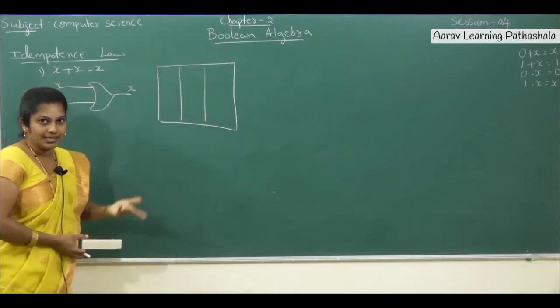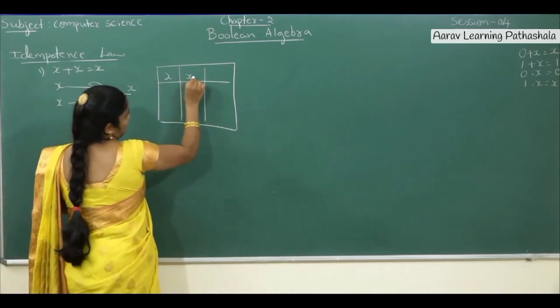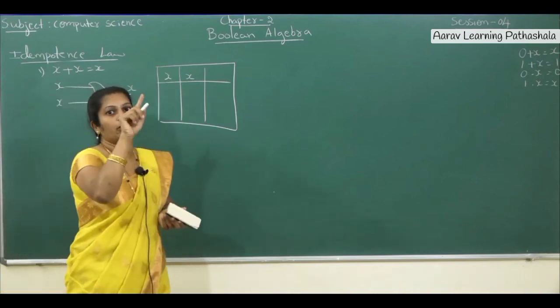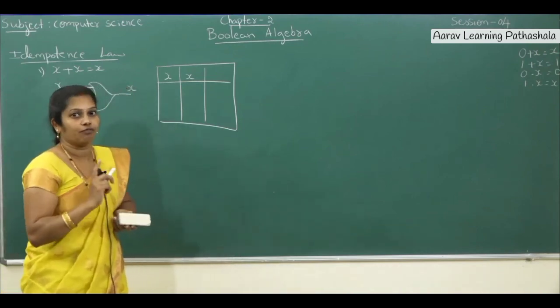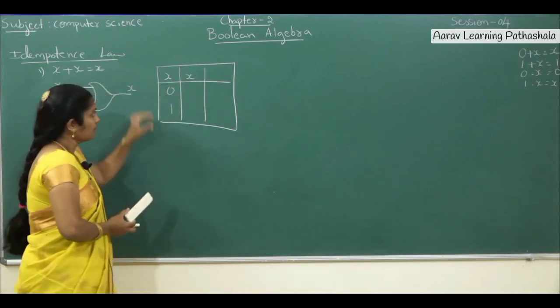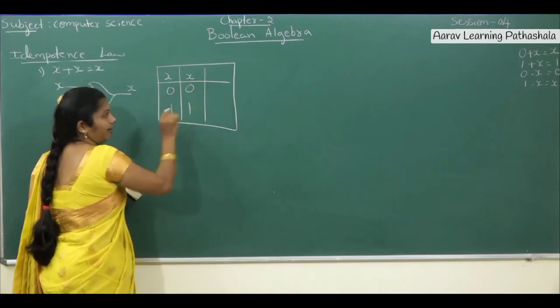Both variables are called x only. How many combinations will we get? Only one variable, so 2 to the power of 1 gives two different combinations, 0 and 1, for both x's.